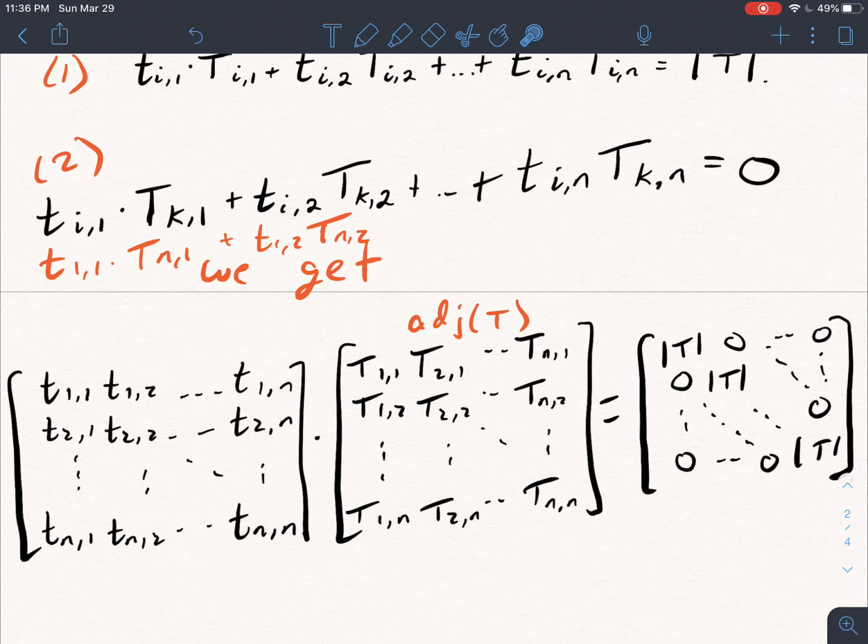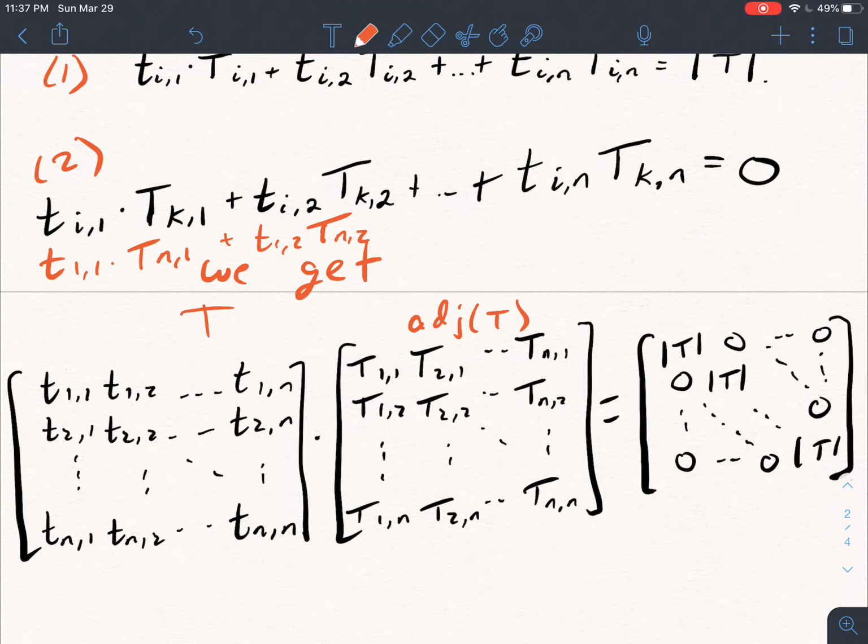Every matrix has an adjoint because the cofactor has nothing to do with whether or not your matrix is singular. You can always form this matrix. This matrix times this matrix is always equal to this matrix. But if the determinant of T is equal to 0, then this whole matrix is the 0 matrix.